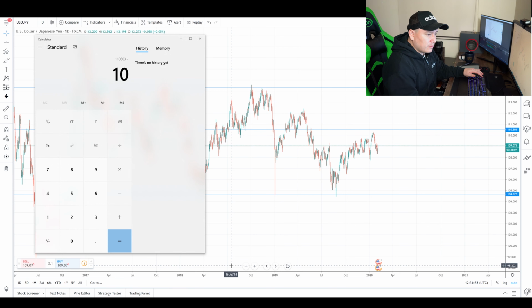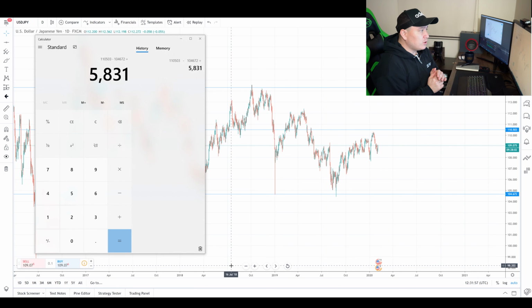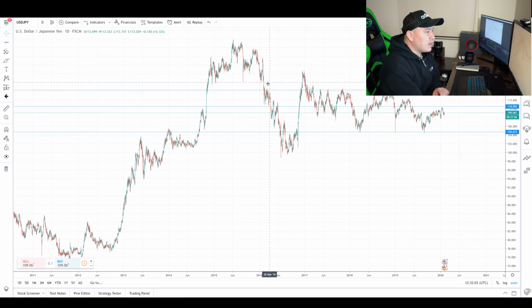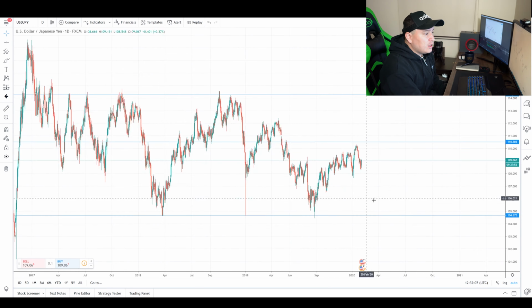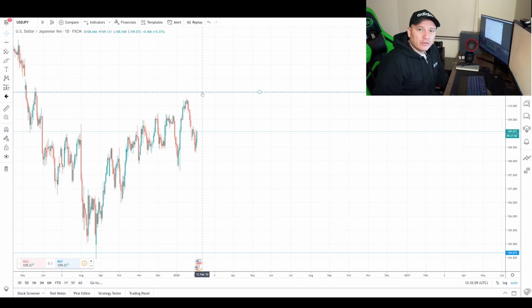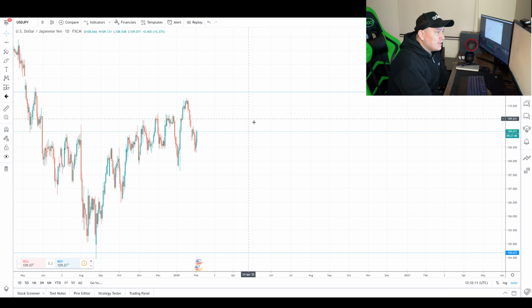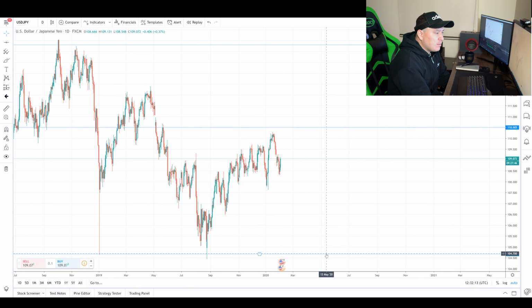110.503 minus 104.672. Between those levels, there's a total of 5,831 pips. So whenever you see, and this is kind of a downtrend as well, slightly, but it's a downtrend. So whenever you get to this point for a sell option, there are huge odds that the price goes in this direction. Take a look. After you touch it in here, in about what?